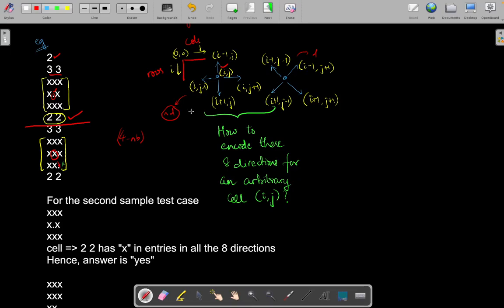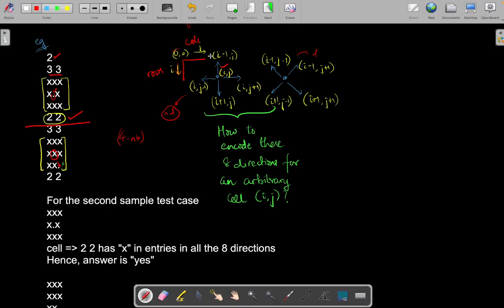Generally the notation is the following: 0, 0 is the top left corner, the columns run in the horizontal way, and the rows run in the vertical way. Let's say i is an iterator running on the rows, j is an iterator running on the columns.